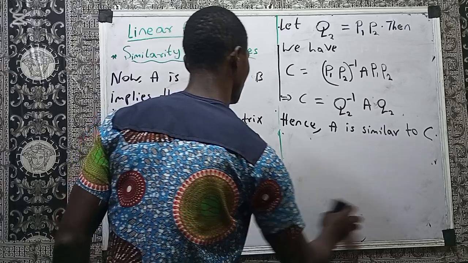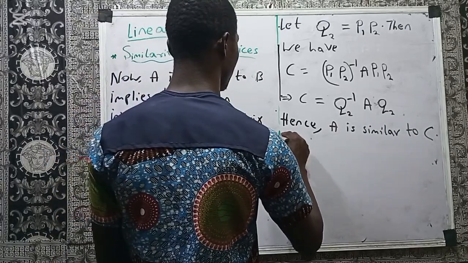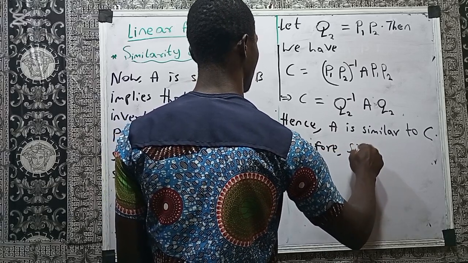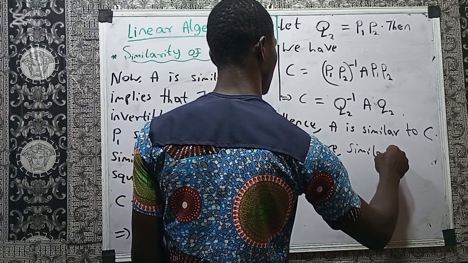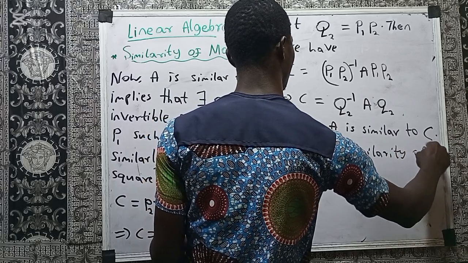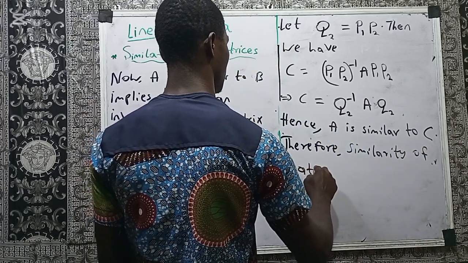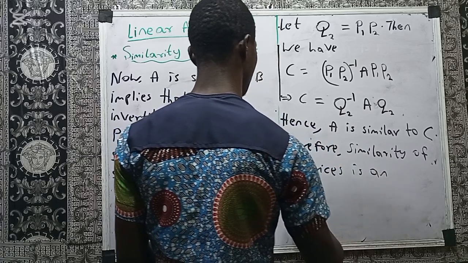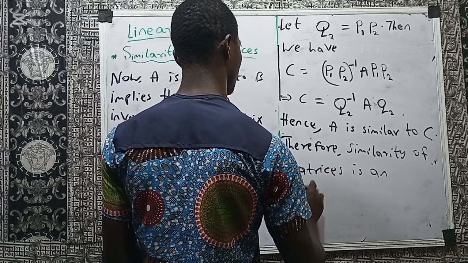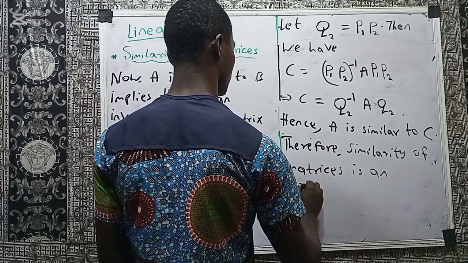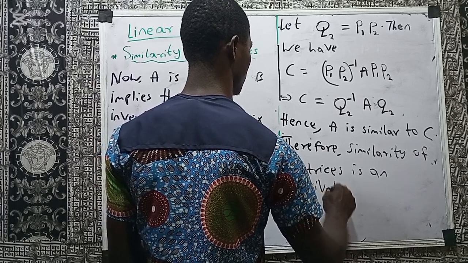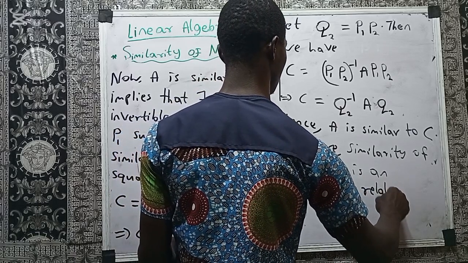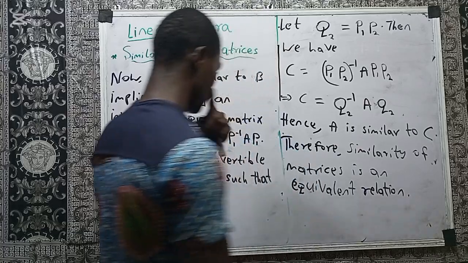So let's conclude. The conclusion here is therefore that similarity of matrices is an equivalence relation.